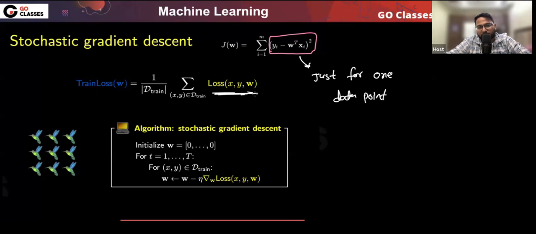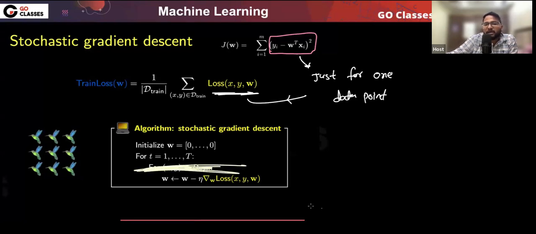Okay. So what I'm saying here is that we are not using the train loss for the update. We are using just a loss. Earlier, I was running these iterations, which was fine, but I was not having this loop. Here I was having the train loss.